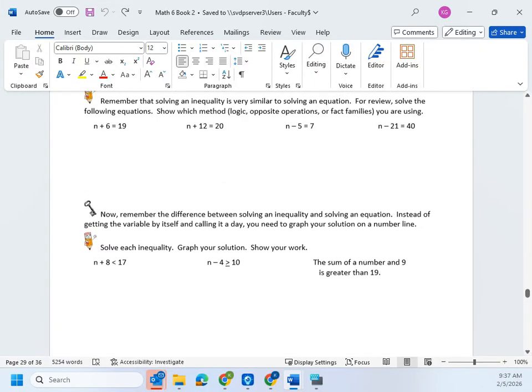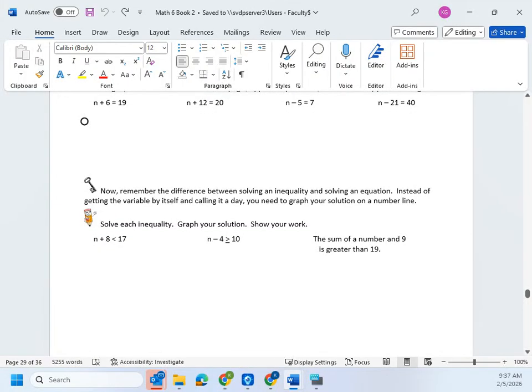What was the opposite operation that we have to do? What's the opposite of plus 6, Rhoda? Minus 6. So we subtract 6 from both sides, and we're left with n equals 19 minus 6, which is 13.